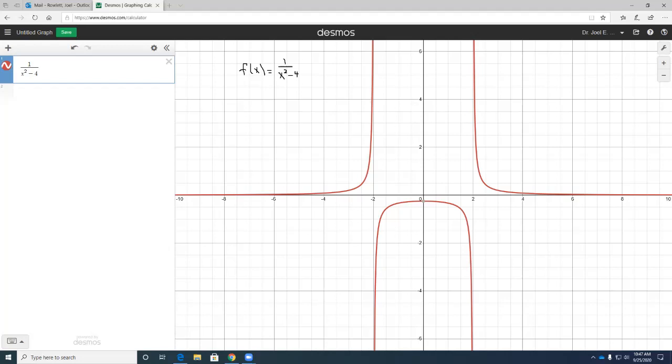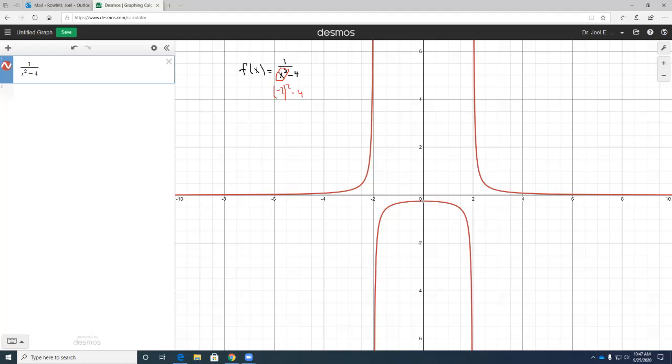Remember that the denominator cannot be 0. And there are actually two values for x that would make the denominator 0. We figured out that -2 is not allowed because if you take -2 and square it, you get 4, and 4 minus 4 would give you a 0 in the denominator.